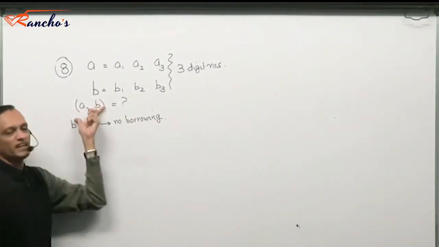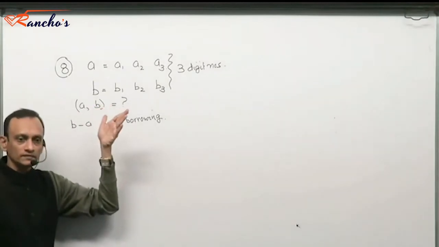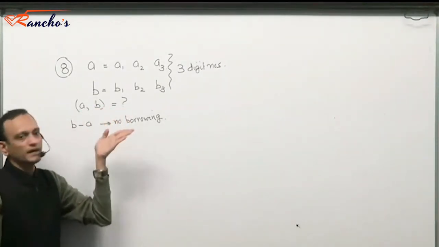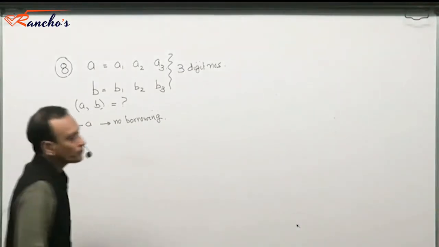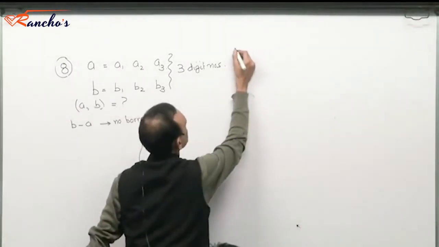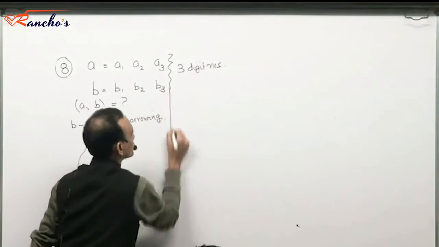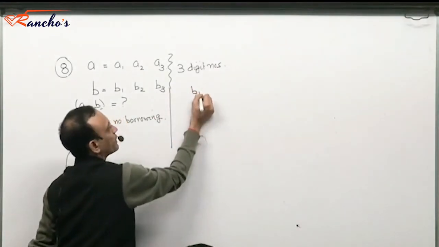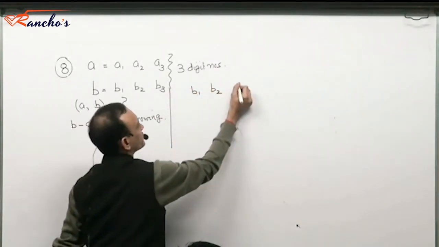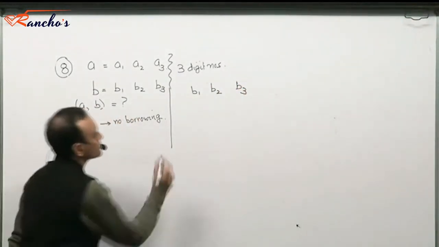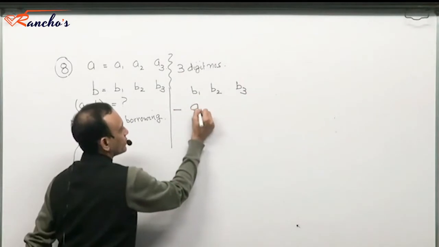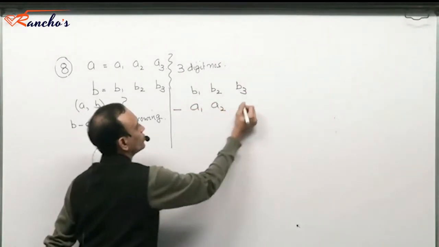How many pairs of A and B can we conceive of such that B minus A involves no borrowing? Right? So, what is B? B is, say, B1, B2, B3, right? And from this, I want to subtract A1, A2, A3.